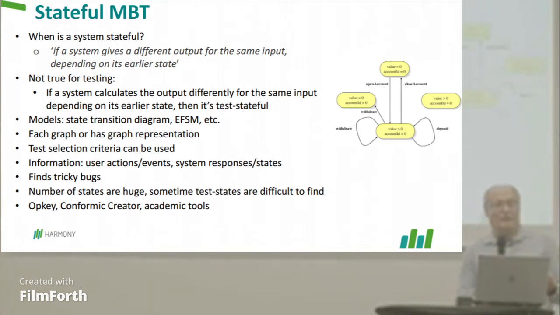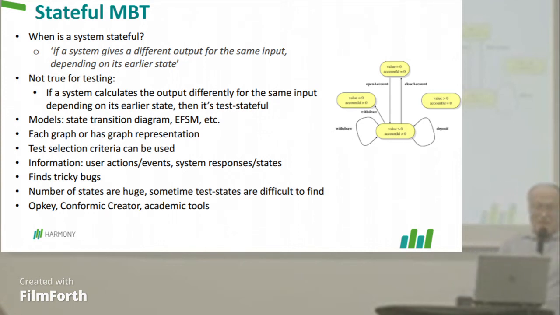But if you add a new state only if the computation is different, it's good, because if there is a different calculation, the developer can make a mistake and you should test it.